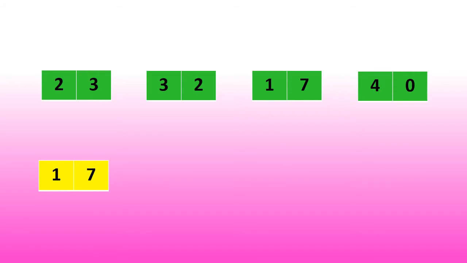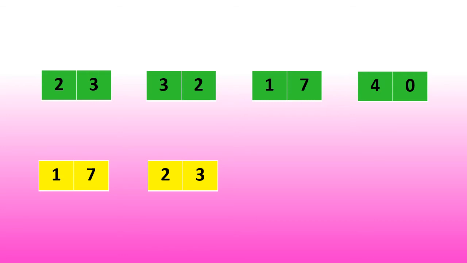Now we are left with 3 numbers, 23, 32 and 40. So which is the smallest number out of these 3? Absolutely correct. The number 23 with 2 tens. Hence, it will come next. Now we are left with 2 numbers, 32 and 40.